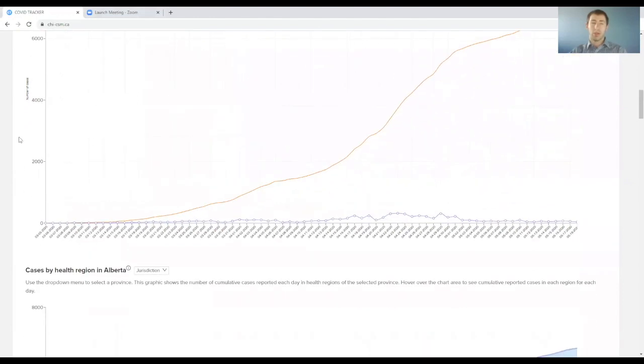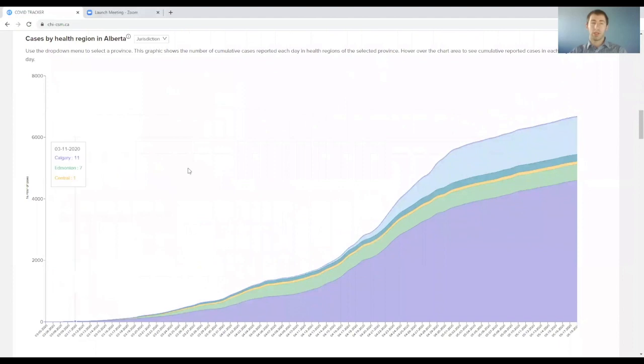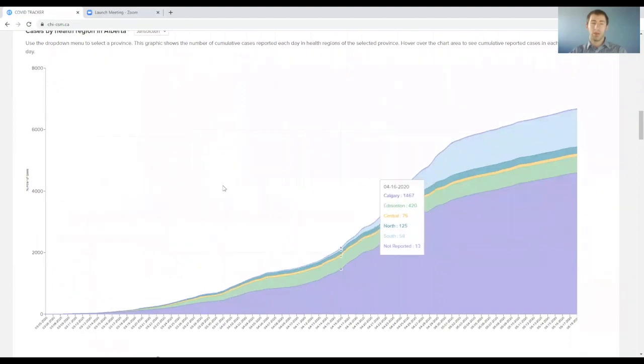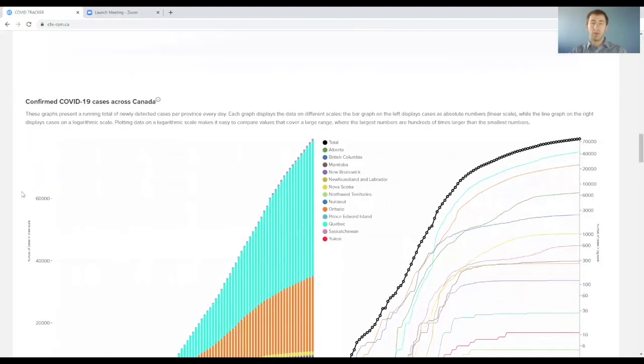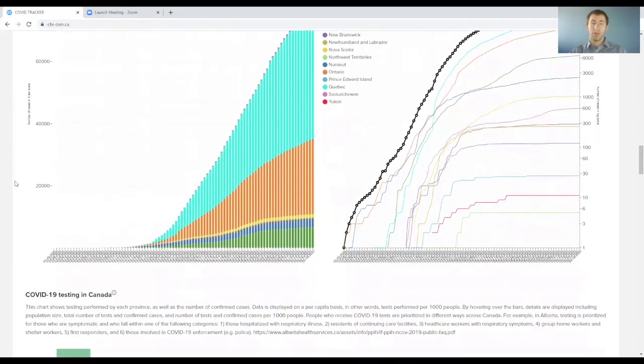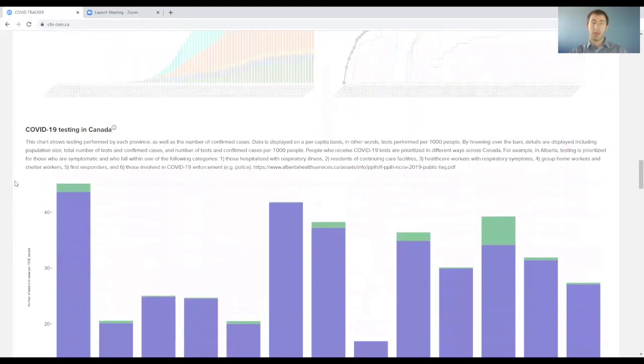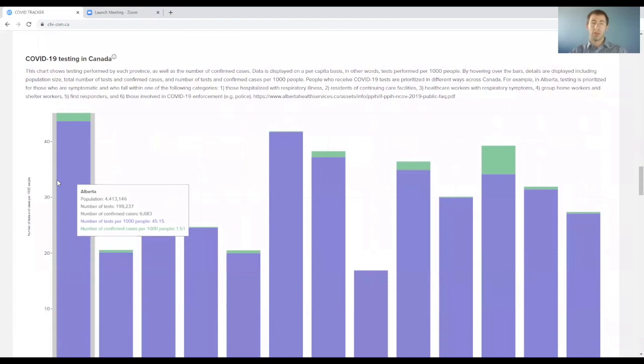As you continue on, you can see cases by health region in each province, or compare all of the provinces directly. We also have data on testing as well as hospitalizations and mortality, which can be seen further down the page.